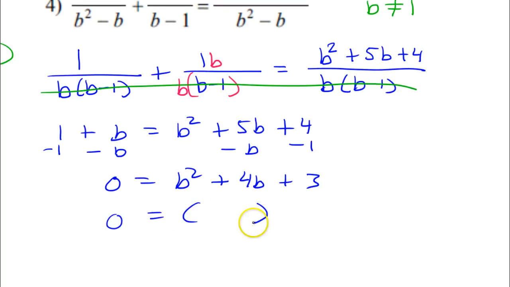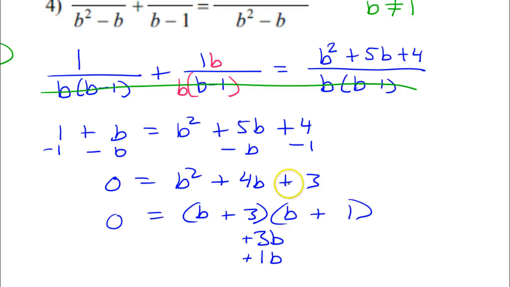Alright, let's try to factor this. B squared is b times b. 3 is 3 times 1. Inner plus outer must equal middle. Inner, I have 3b. Outer, I have 1b. To make positive 4, both of these would need to be positive, so both of these would be positive.